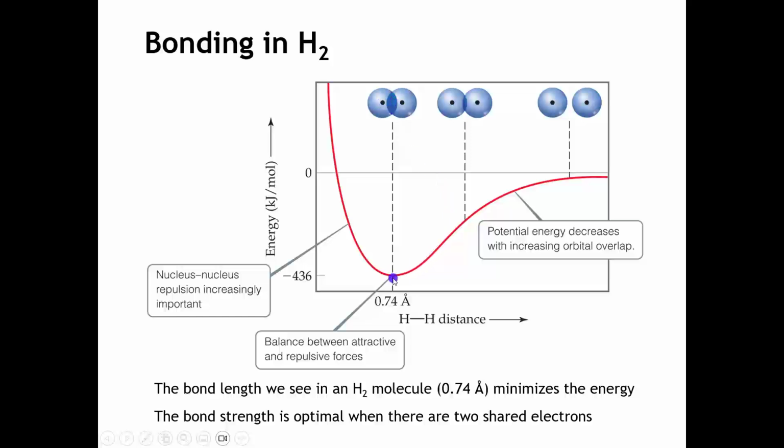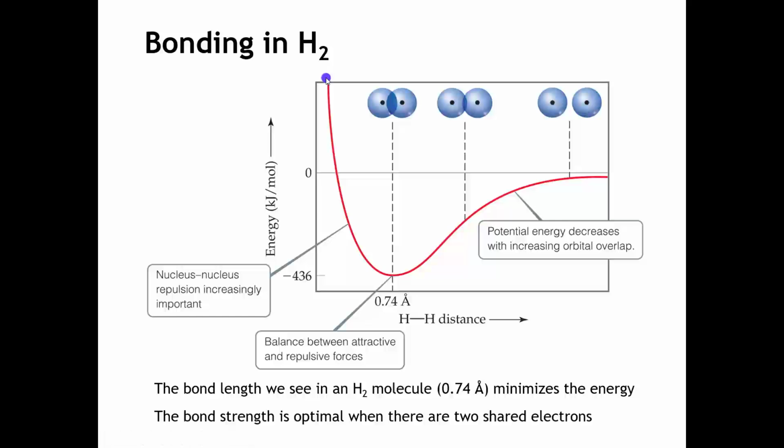Finally, we get to this minimum energy for a hydrogen molecule that occurs at 0.74 angstroms. Okay, and that's the optimal distance. That's what we call the bond distance. And if we keep moving the nuclei closer and closer together, what we'll find is now the energy starts to go up. And eventually it becomes very unfavorable, a very positive energy.